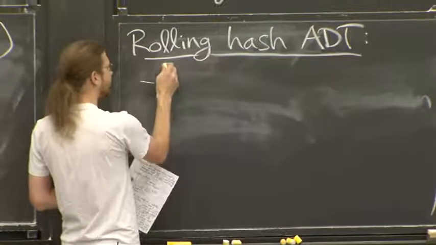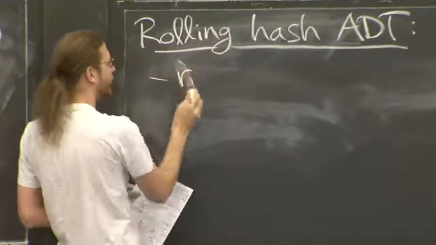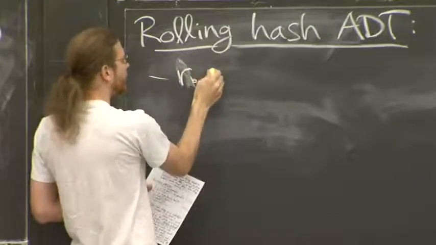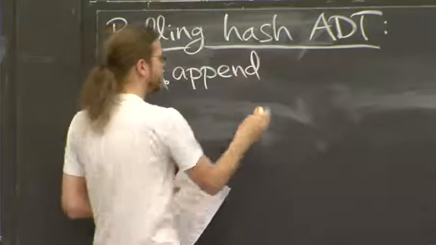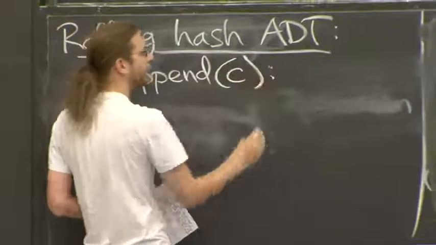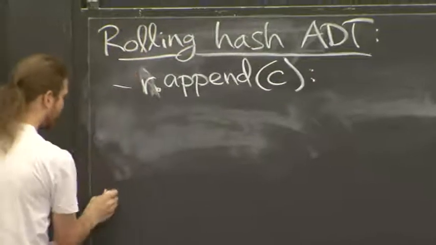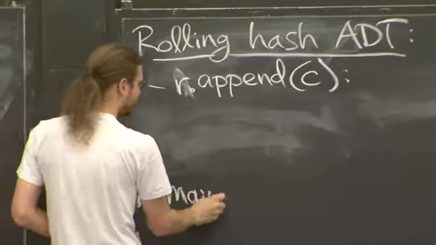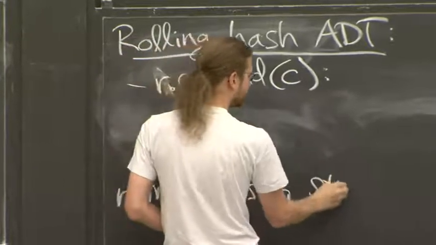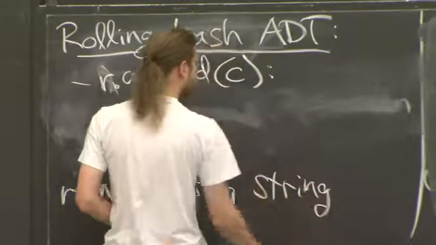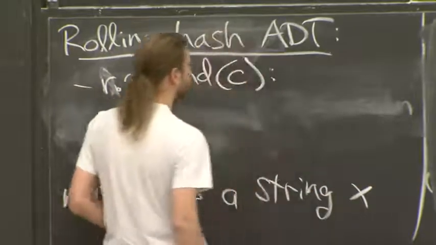We'd like, given a hash value, maybe I should call this r, it's not the hash function. Give it a rolling hash value, you might say. I'd like to be able to append a character. Okay, I should say r maintains a string. So there's some string. Let's call it x.